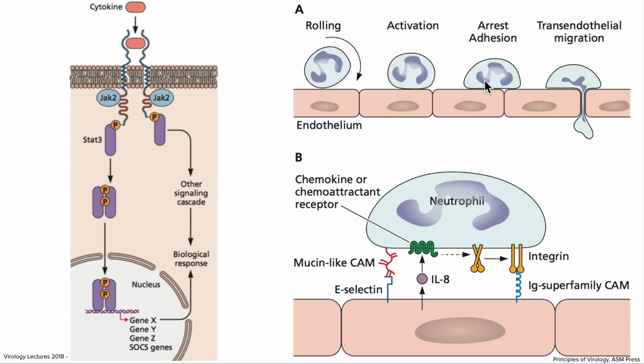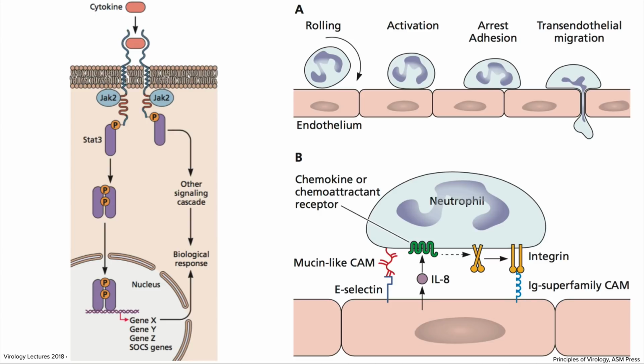This rolling, activation, and adhesion is mediated by receptor interactions between the cell, in this case a neutrophil, and the endothelium. You can see here there are adherents mediated by adhesion molecules, selectins and cell adhesion molecules here. And here we have a chemokine being produced, IL-8.